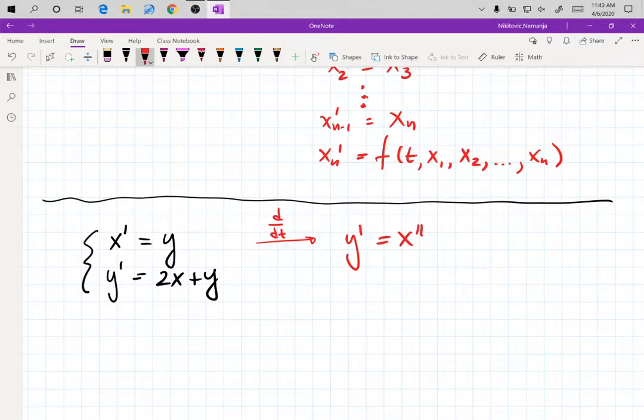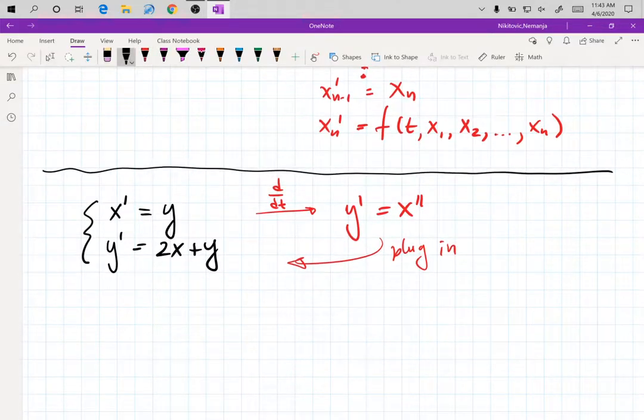Now, why would you do that? Because look, you have a y prime right there. So now you're going to plug in. And once you plug that in, you will have x double prime is equal to 2x plus, and this y is x prime from the first equation.